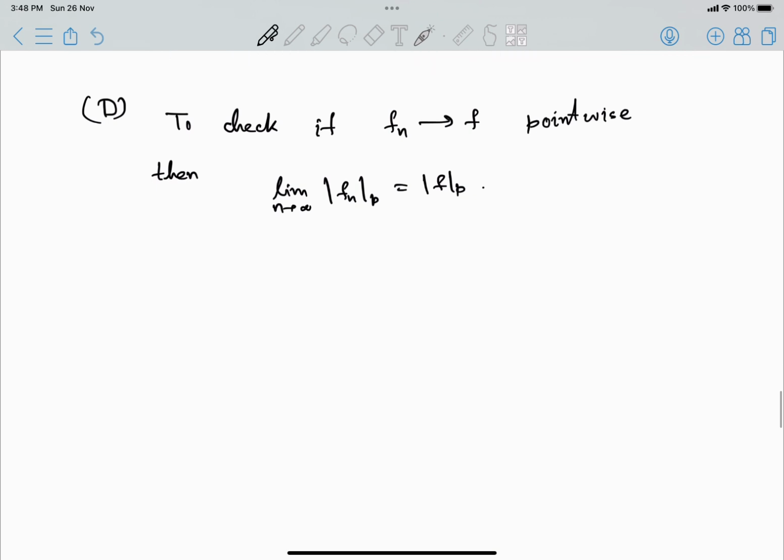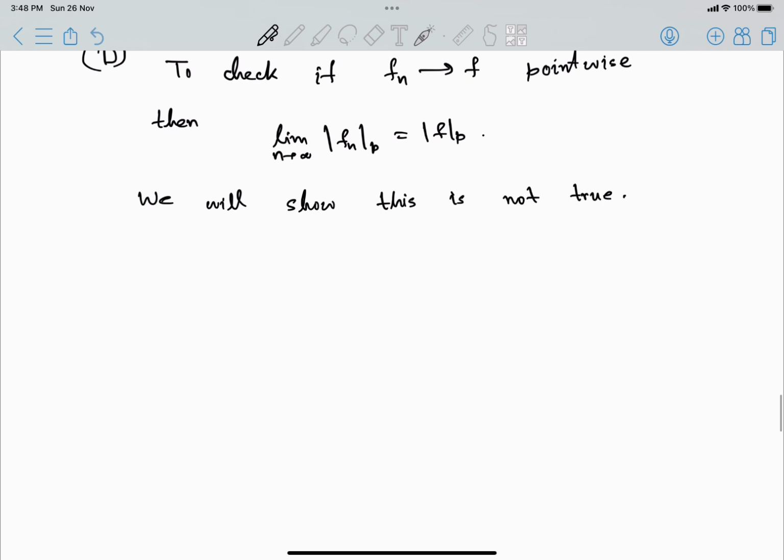We'll show again that this is also not true, so we'll give a counterexample.